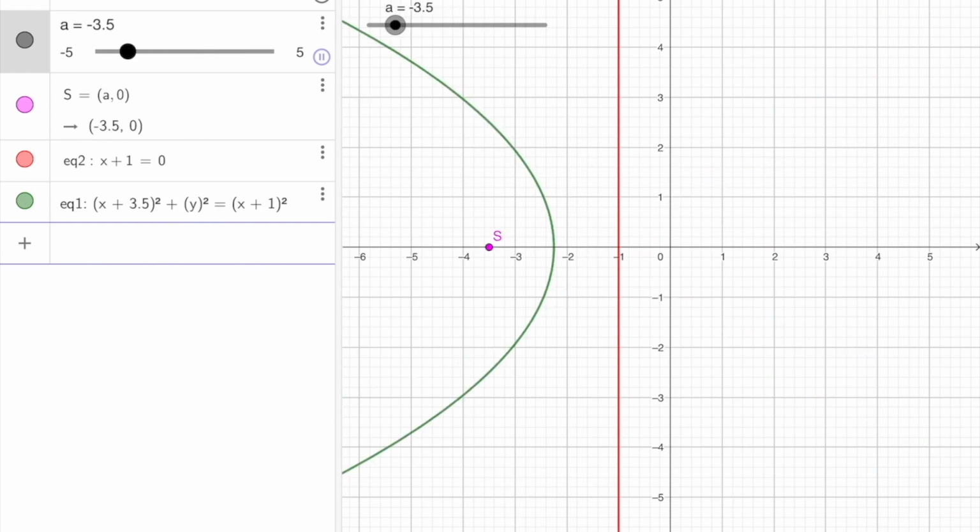So when the focus is lying on the directrix, the locus of P such that SP equal to PM is going to be a straight line. This is the degenerate case of the parabola.